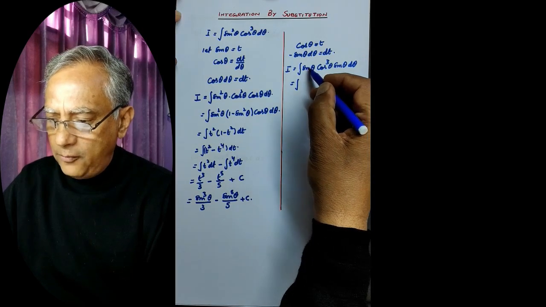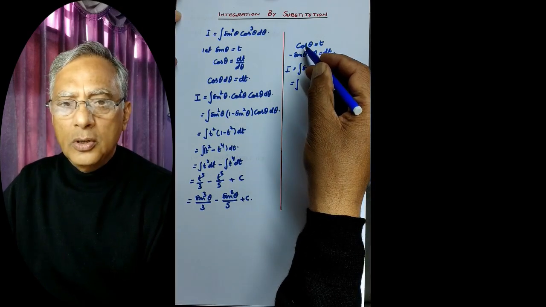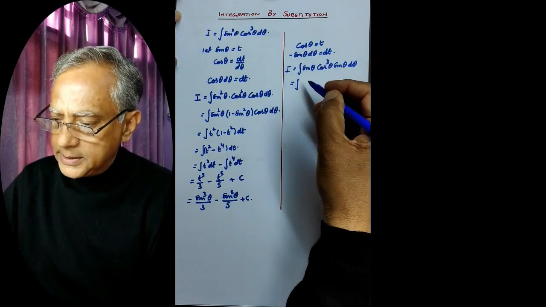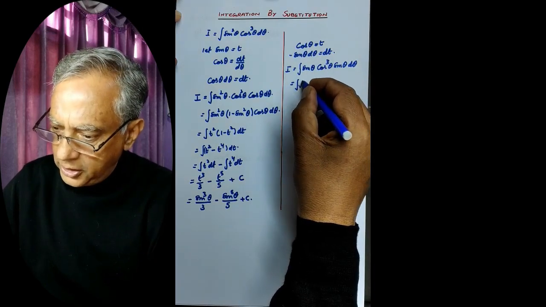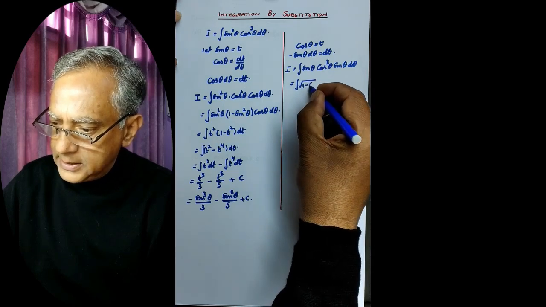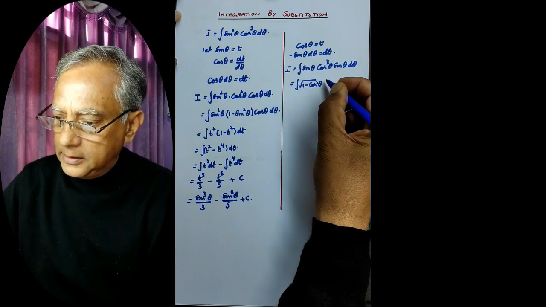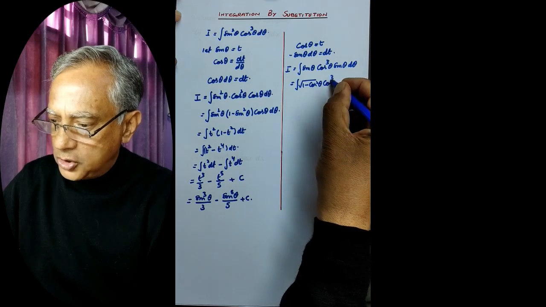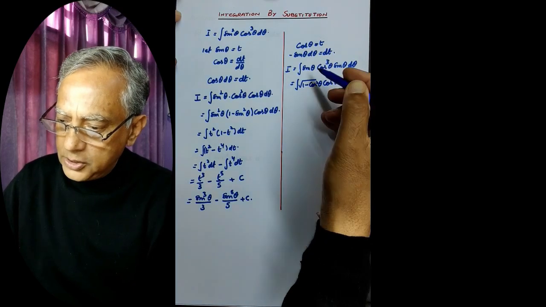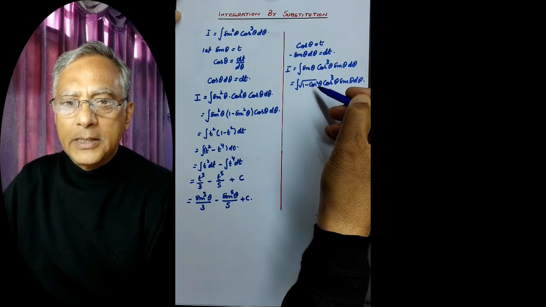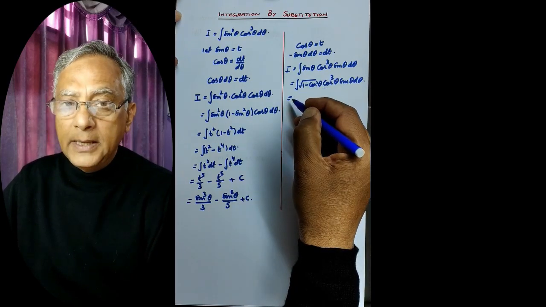There is no formula for converting sine theta into cos theta. If we use sine square theta plus cos square theta equal to 1, then we will get under the root 1 minus cos square theta into cos cube theta into sine theta d theta, which is not making the question simple. It is further complicating the question.